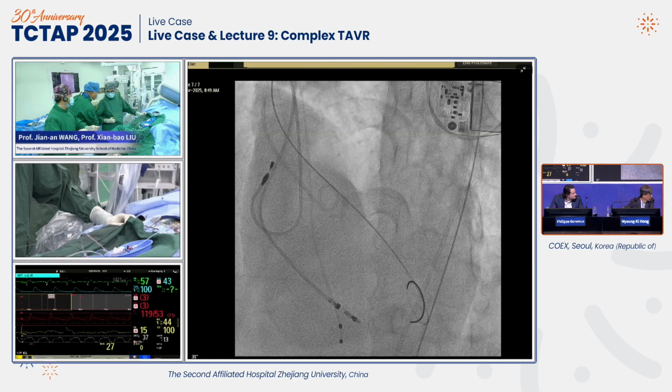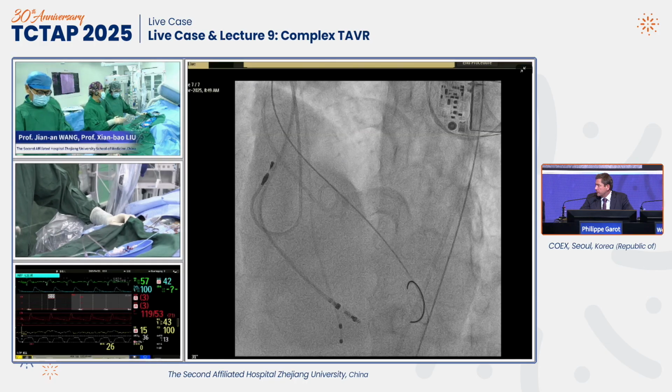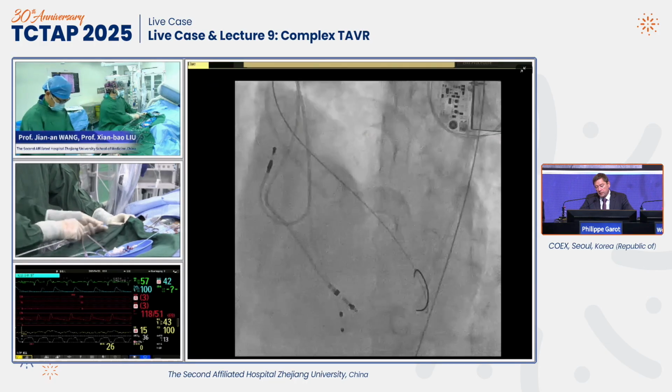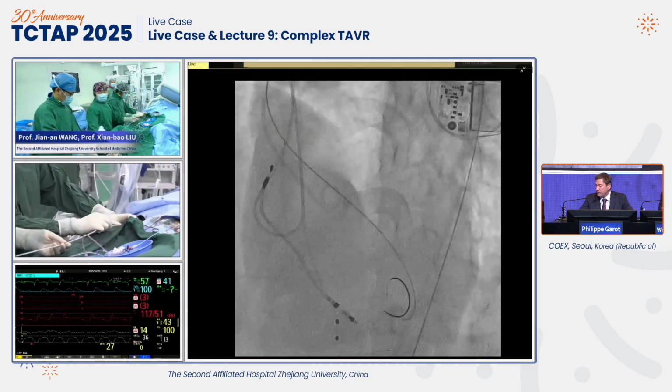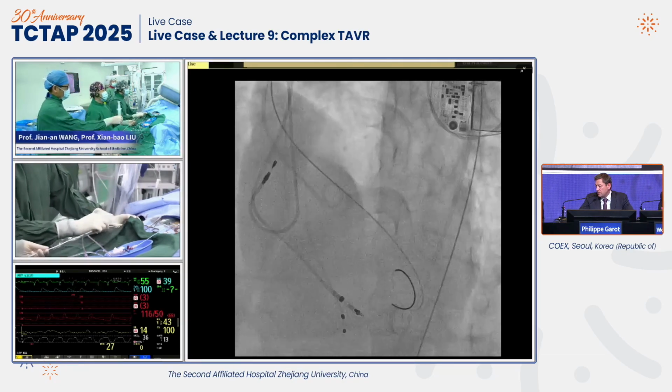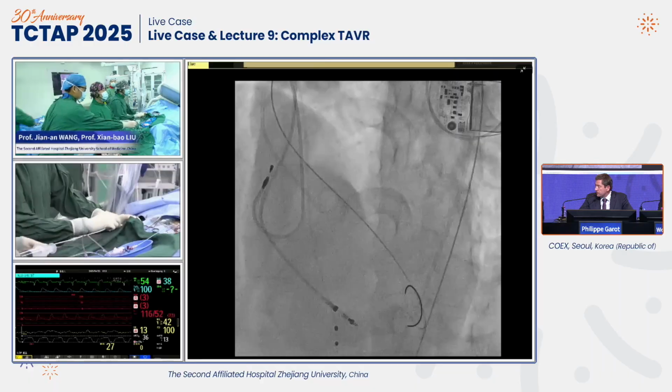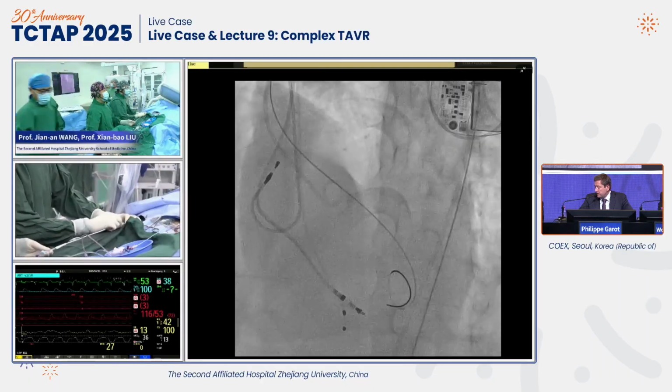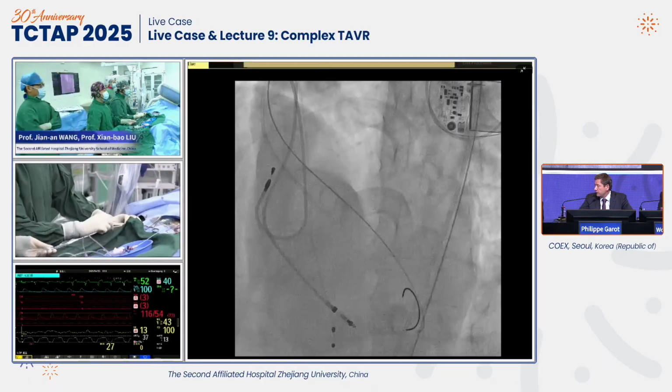Yes, I fully agree. We do more than 90% in conscious patients, of course. But in this specific case, the patient is very young with BAV and risk of calcium migration. Sizing is not easy. And as you mentioned, I think balloon sizing is one of the good options.